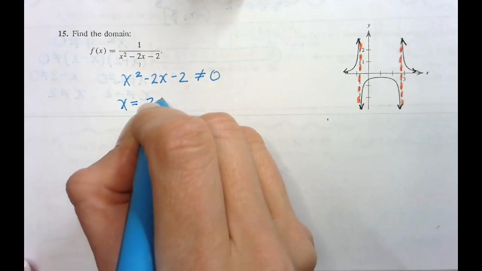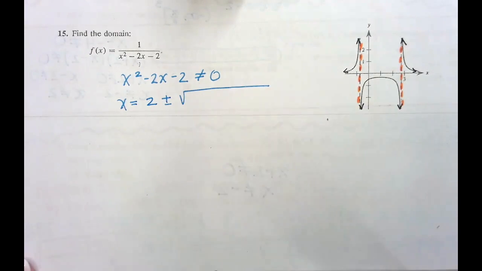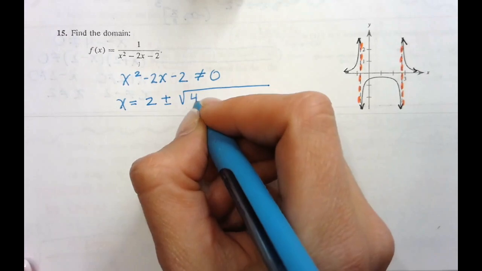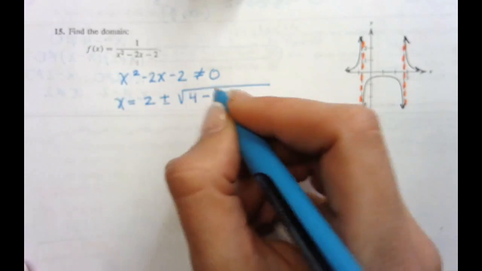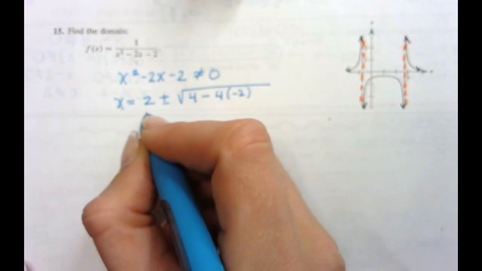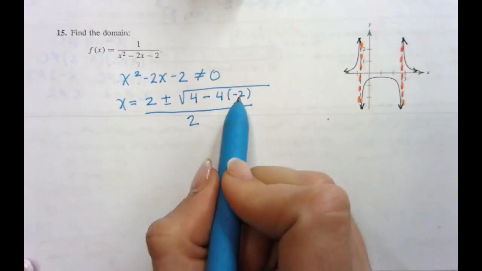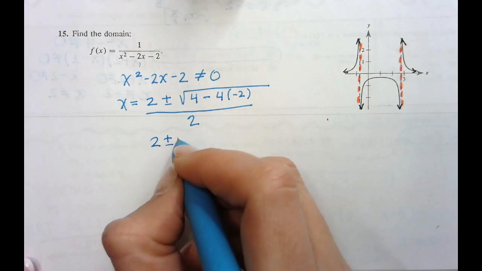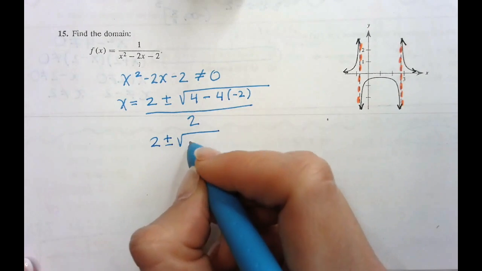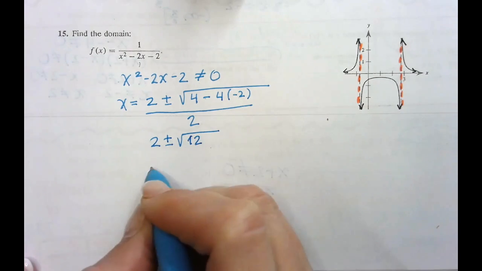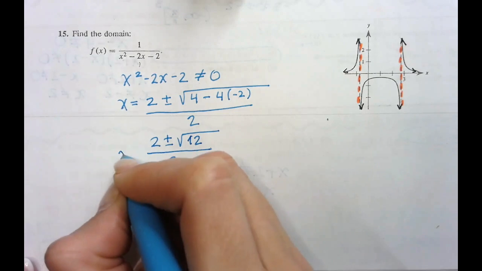So negative b plus or minus the square root of b squared, which is 4, minus 4ac, 1 times negative 2, all over 2 times a. 2 plus or minus the square root of, that's plus 8. 4 plus 8 is 12, all over 2.